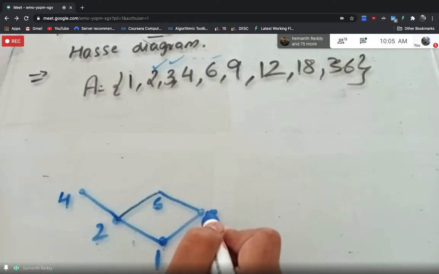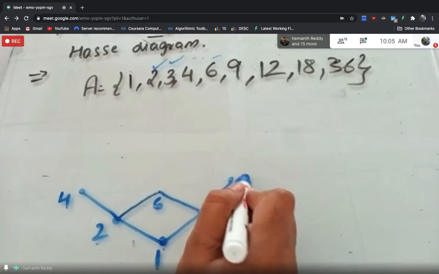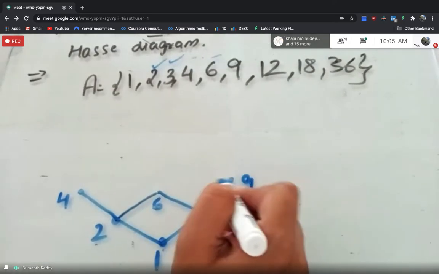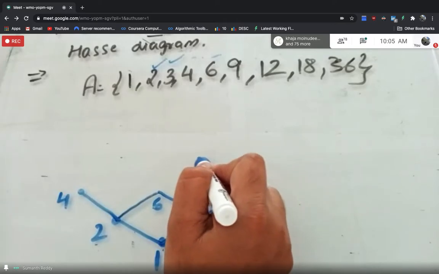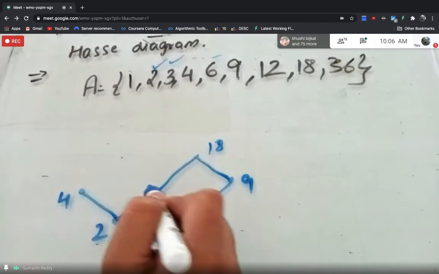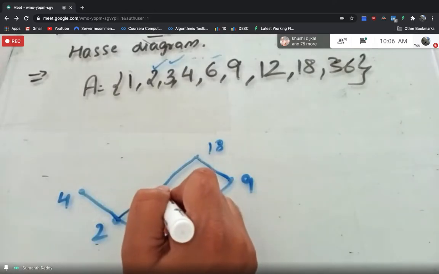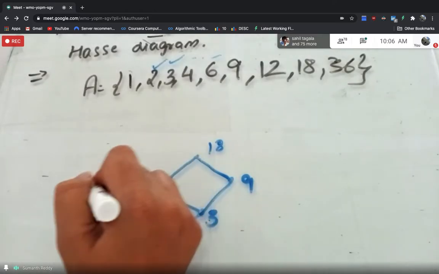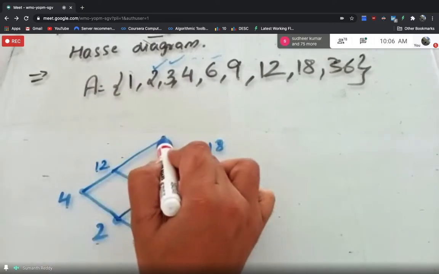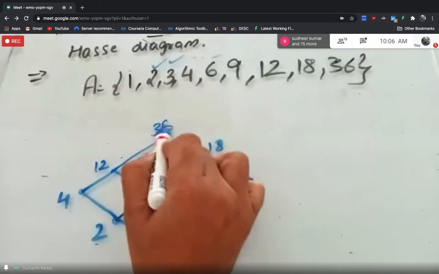And 9 is related with only 1 and 3, so I can write 9 here. Then for 6 and 9, 18 is related. I'll write like this. And for 4 and 6, you can include 12. And for all the numbers, 36 is related.